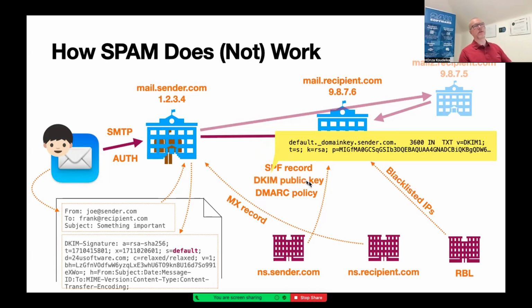And then when the email arrives to the final destination, the final mail server can use the public key to verify that the email has been properly signed by your signature. So it's like in the old days, in the mid-age, where you would send an envelope with a seal. So this serves as a seal for the email that confirms that you are the one who sent that email.